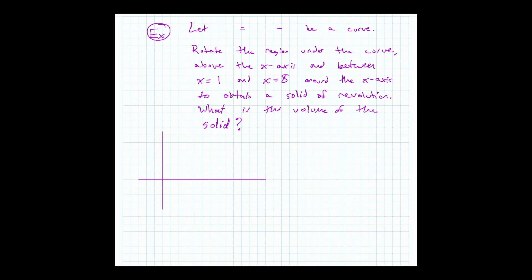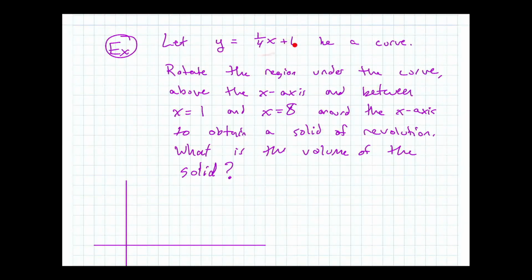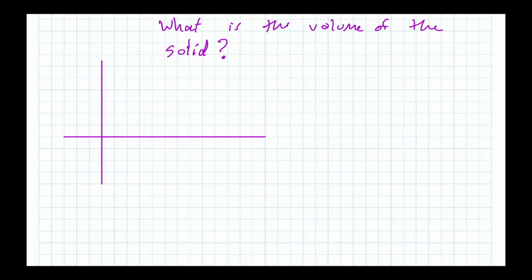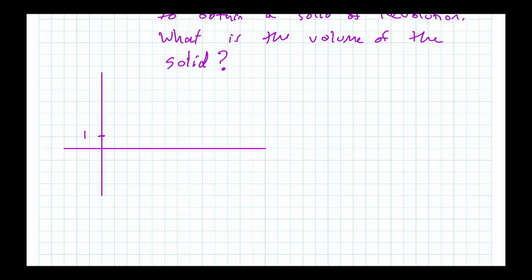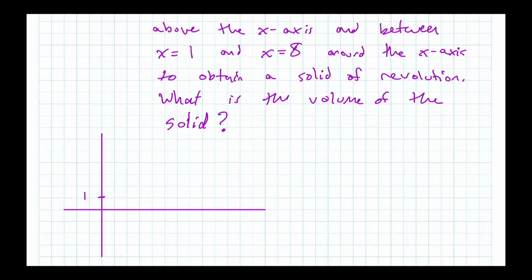So like I can do this. I can look at this curve here, and this is just a straight line, right? This is not super complicated. 1/4 x plus 1, it's a line. The y-intercept is 1. The slope is 1/4. So I can graph this by hand. So the y-intercept is 1, so it goes through there. And the slope is 1/4, which means up 1 over 4. So I can just go up 1, 1, 2, 3, 4, goes through right here.